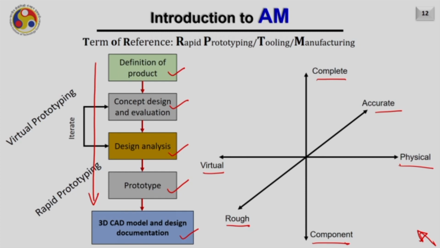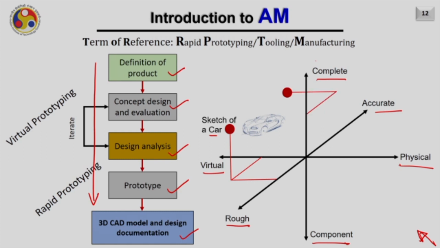Let me take one example to explain the meaning of these different types of prototypes. If a prototype is rough and virtual, and of course of a complete thing, then you can say that it is nothing but a sketch. An example here is a car. So, it is nothing but a sketch of the car. It is rough, virtual and complete.